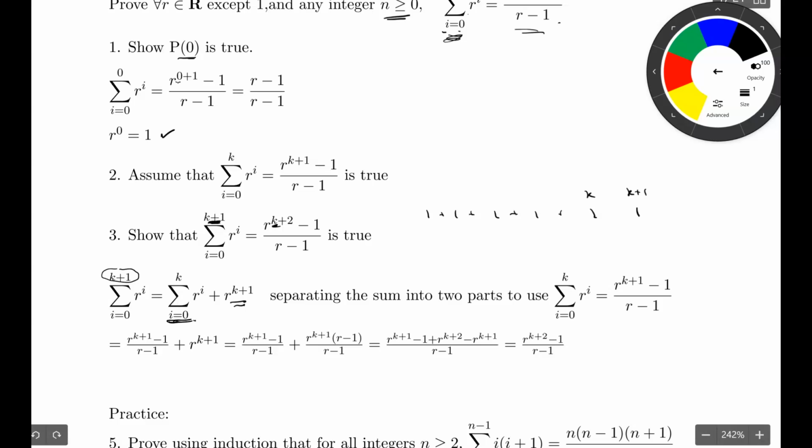Add up all the first k terms. So this would be adding up all the first k terms, 0 all the way up to k, and then add on the k plus first term. And I need to do that because that's the only way I can separate it to be able to use my inductive step, right? Okay, so I take this, rewrite it as these two things, right?